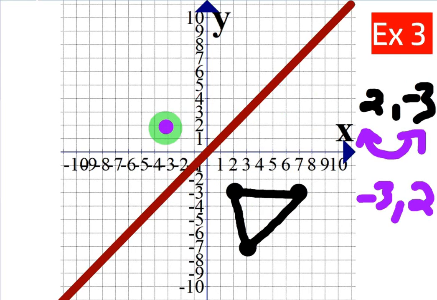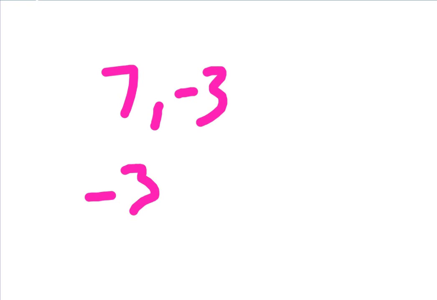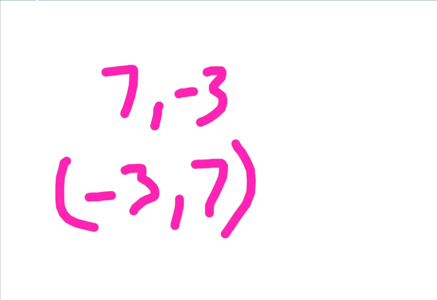Okay, so we're going to do the same thing with our other 2 points to make our new triangle. The next point, doesn't matter which order, I'm going to go ahead and flip 7, -3. So if you take 7, -3 and you flip the x and y values, your new point is going to be -3, 7.